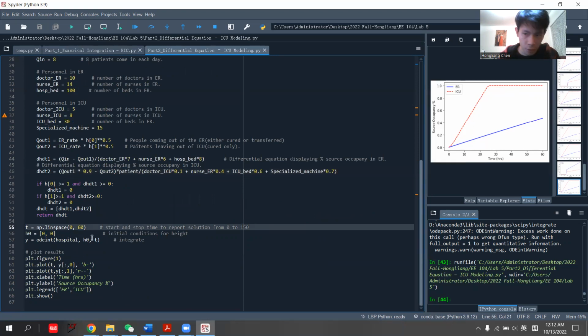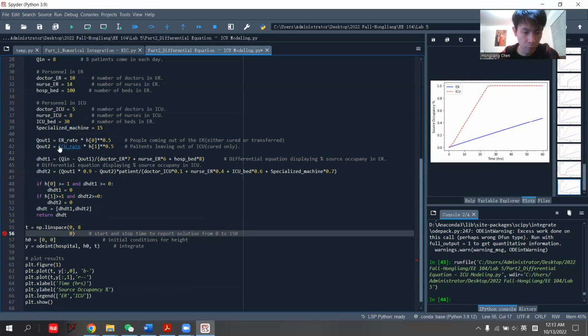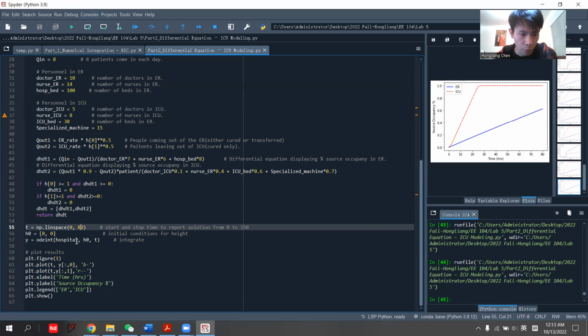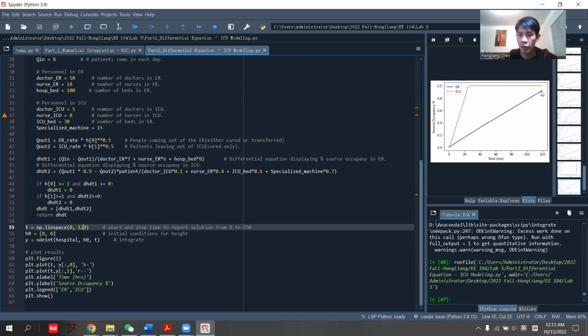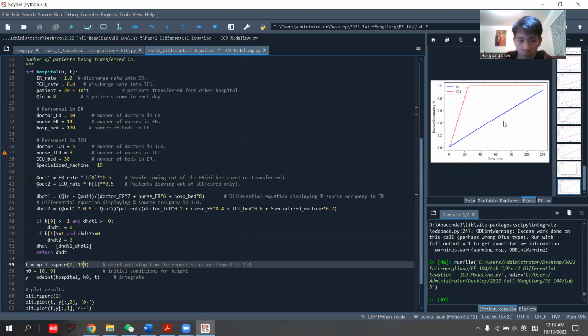But if we change the time interval, I think it would reach saturation in some cases. When we get to 120, we can see the ER department also almost reaching saturation.